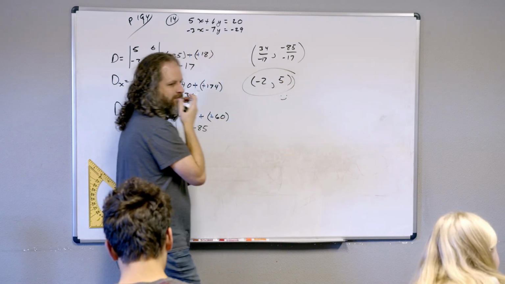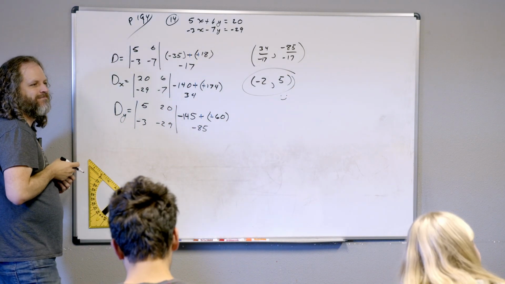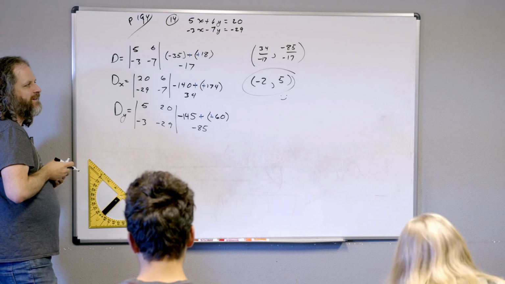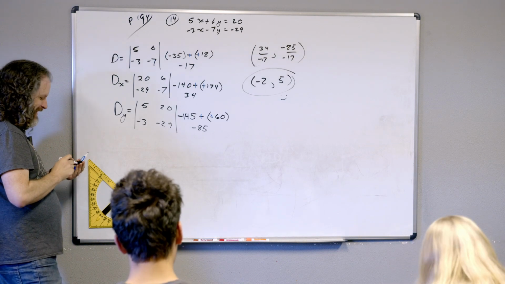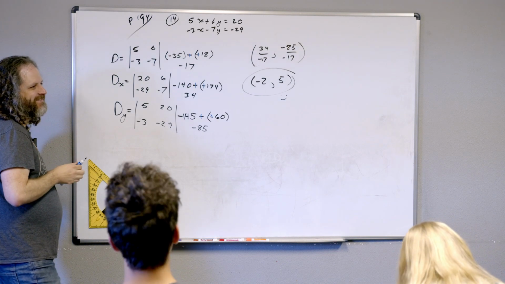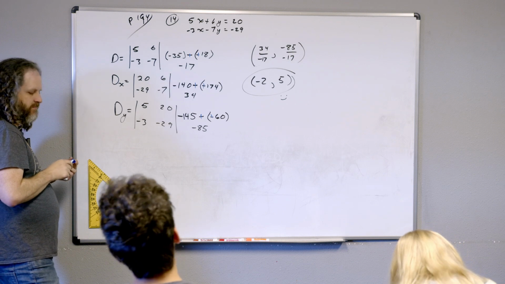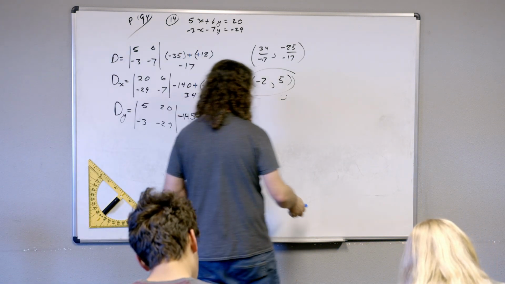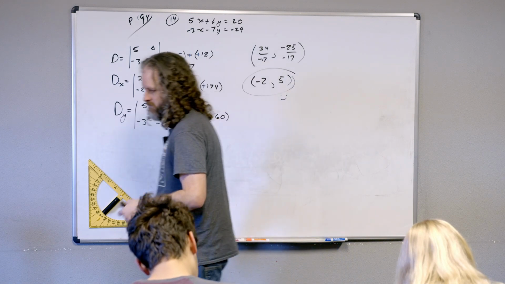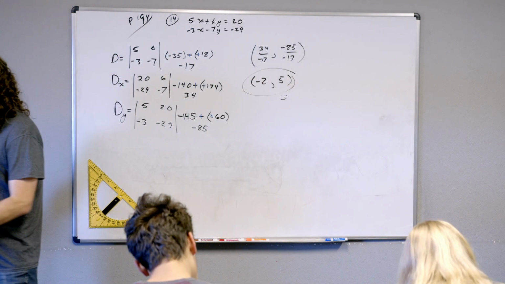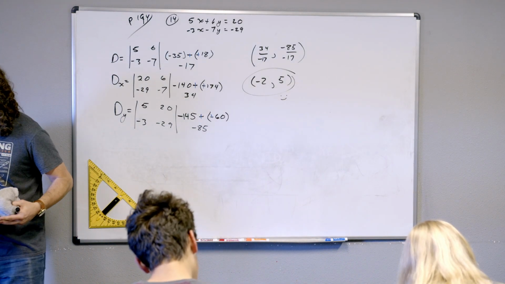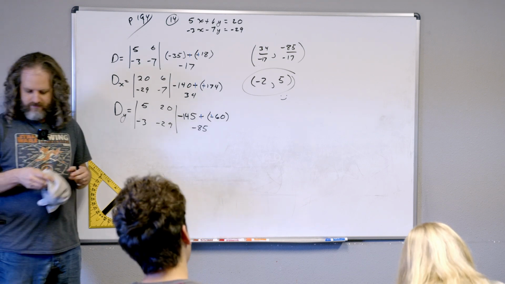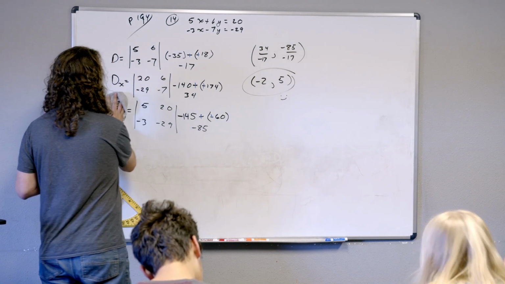How'd you do that? You did a bunch of stuff wrong and got the right answer. Yeah, Cramer's rule is good. I like Cramer's rule. How did I get these answers?